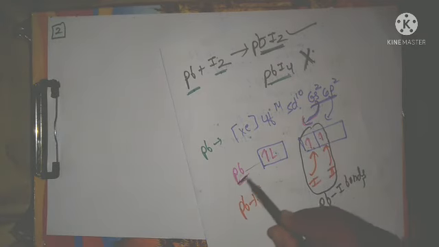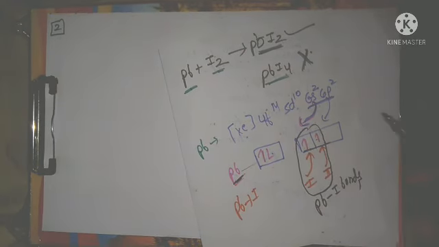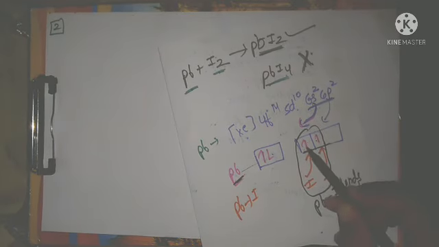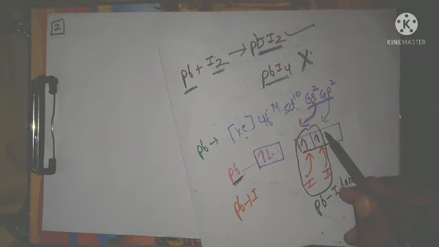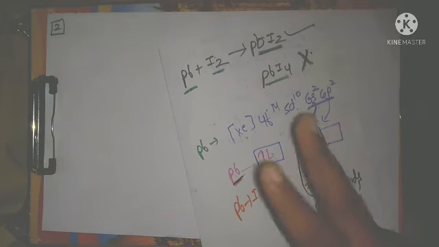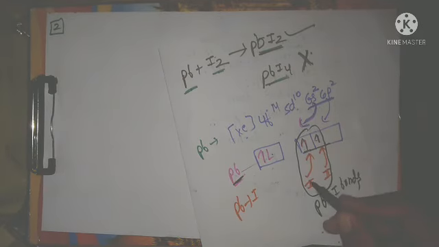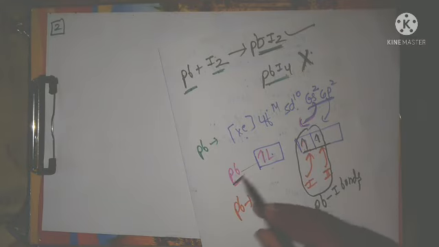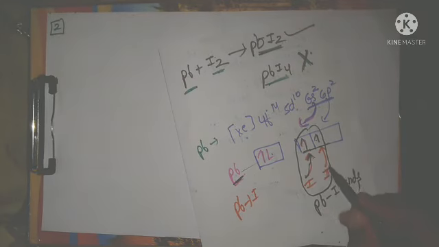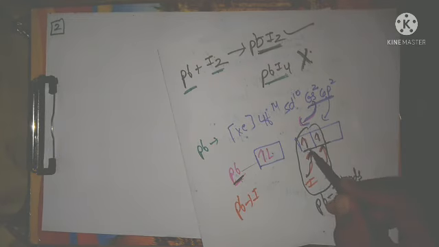The unpaired electrons are involved in the bonding. Where are the unpaired electrons available? In the 6p orbitals. 2 unpaired electrons, means lead can form how many bonds with iodine? 2 bonds, right? When lead forms the bonds with iodine by utilizing these two unpaired electrons, energy is released.